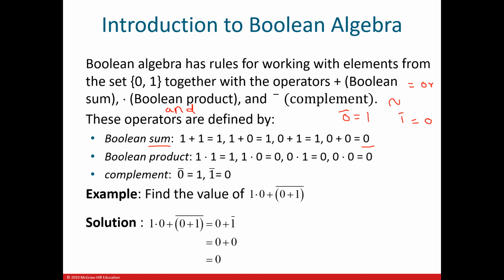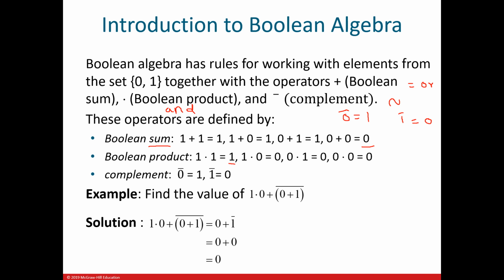Now how about the product? Product is similar to AND, and we can see that only when both values are 1 do we get the product as 1. If one value is 1 and the other is 0 we get 0. If the first value is 0 and the other is 1 we get 0. If both are 0 we get 0. And the complement of 0 is 1, and the complement of 1 is 0.